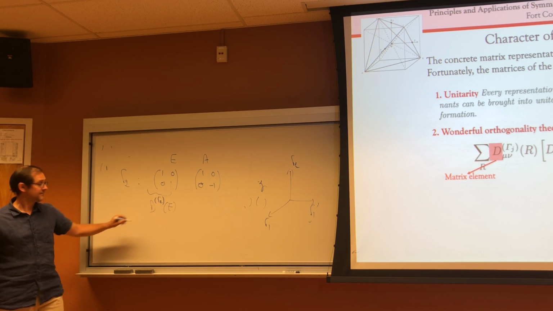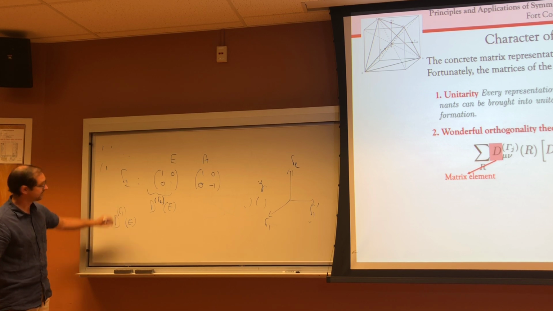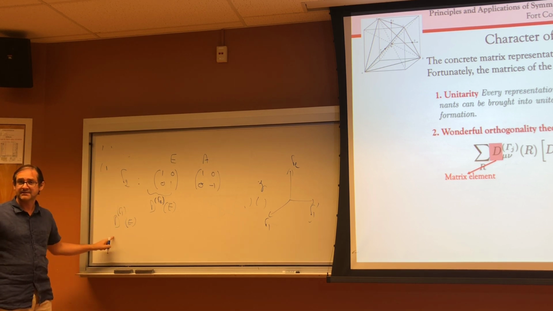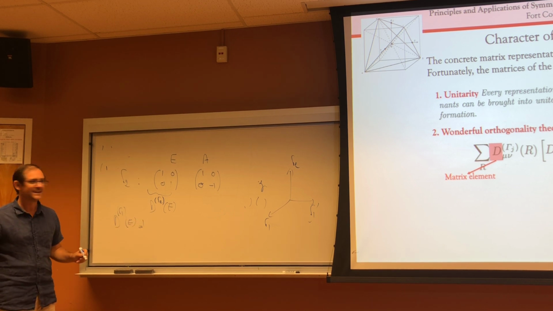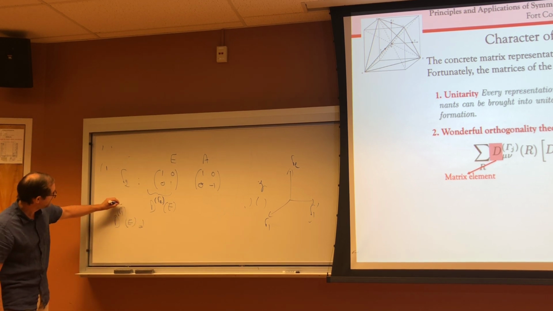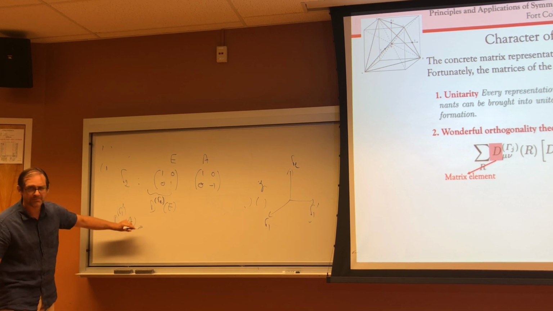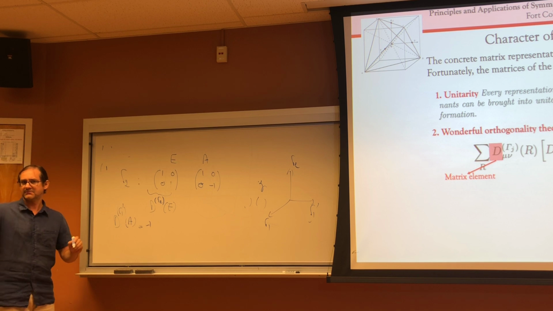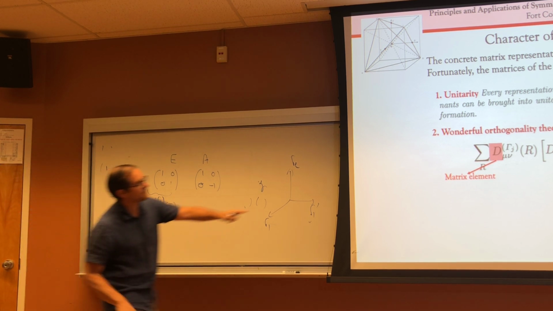Because I could also have the matrix of transformation E in gamma 1. What is that? It's 1. Okay, the matrix of gamma 1 prime of transformation A is, if you remember, -1. It switches my z vector. Okay, so this is what this guy means.